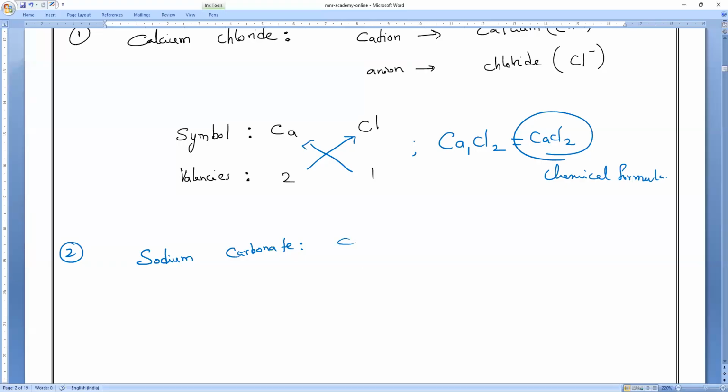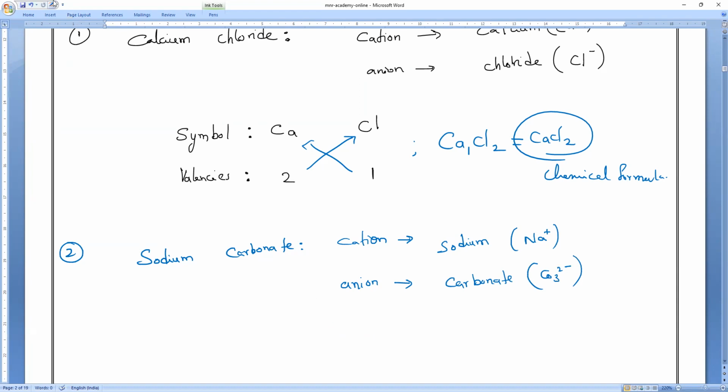So what is the cation in sodium carbonate? Sodium, Na plus. The anion is carbonate, CO3 2 minus.